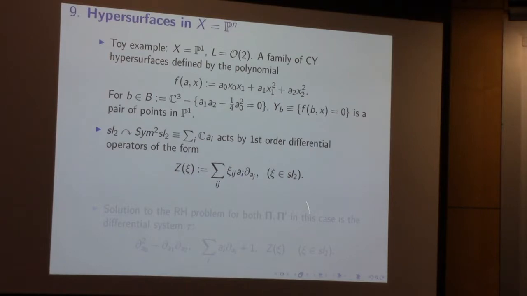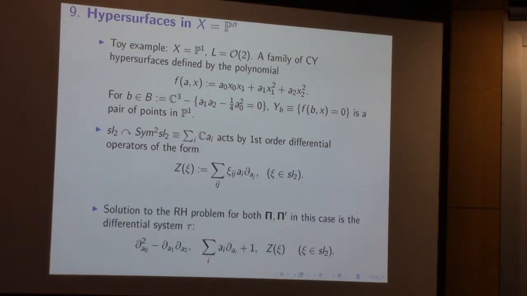And of course, it's elementary to write down the operator that represents the SL2 Lie algebra on this linear representation. So I'm going to write it like that, where ξ_ij is the matrix representing the element ξ in the basis A_i.